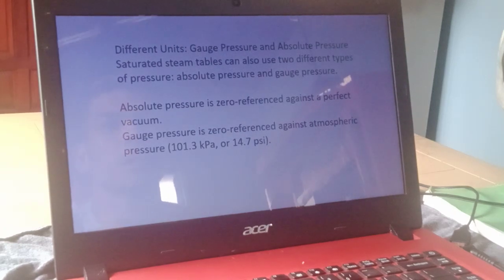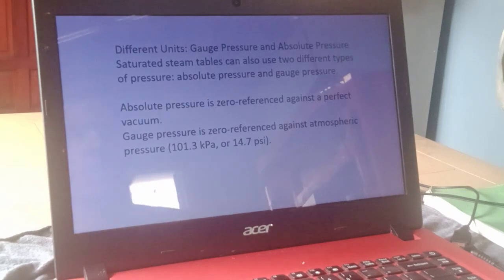Different units, gauge pressure and absolute pressure. Saturated steam tables can also use two different types of pressure, absolute pressure and gauge pressure. Absolute pressure is zero reference against a perfect vacuum. Gauge pressure is zero reference against atmospheric pressure, 101.3 kPa or 14.7 psi.